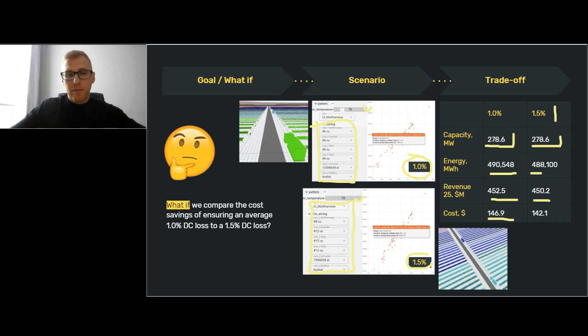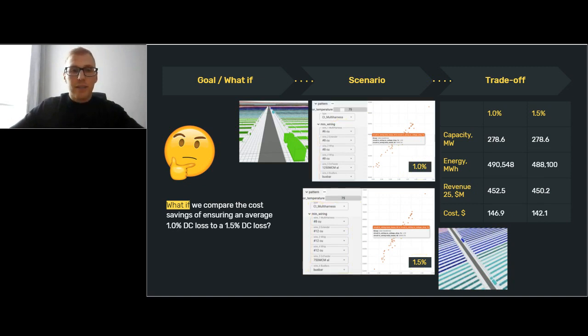A fun story about those scenarios is that we lost 2.3 million in revenue over 25 years, but we saved about 4.8 million of construction cost, which you will pay in the first years of construction. Paying 4.8 million in order to get 2.5 million extra over the next 25 years doesn't seem like a right business decision. So yeah, that's a typical good trade-off.